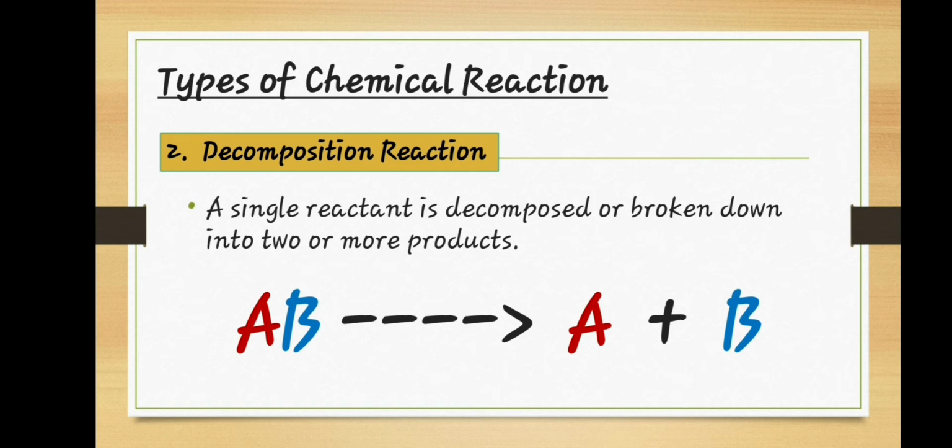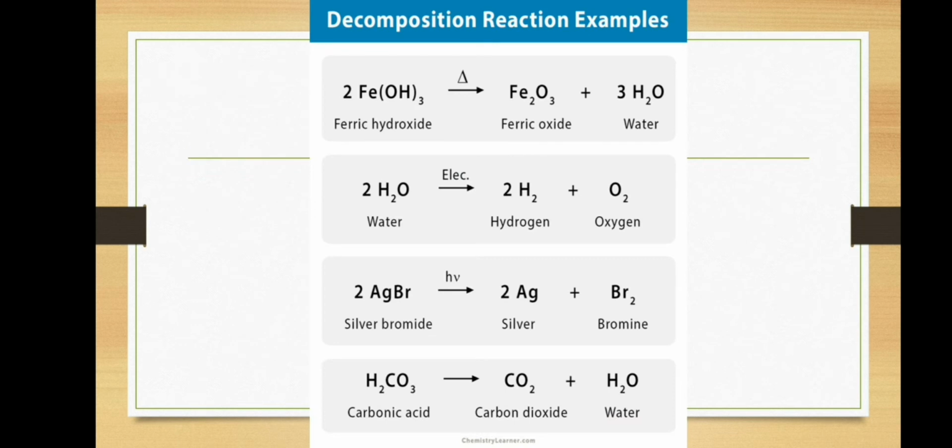Another easy type of chemical reaction, right? So here is another example. Don't mind the subscripts and the other parts of the formula that you are looking at. Wag nang i-mind, just focus on the two elements. Hindi combine kasi hindi ito combination. What do they call this? I-broken down.